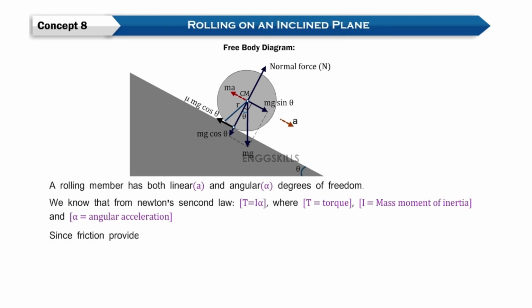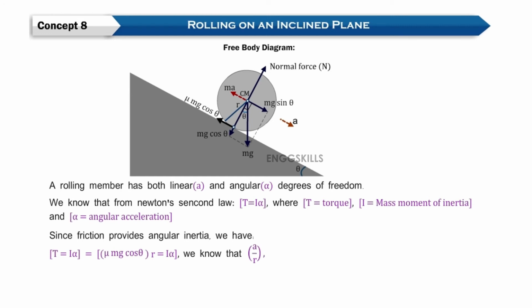Since friction provides angular inertia, we have mu mg cos theta times r is equal to I alpha. We know that alpha in terms of linear acceleration can be written as a by r. Therefore, the expression for torque can be rewritten as I times a by r. Let's number this equation as 2.